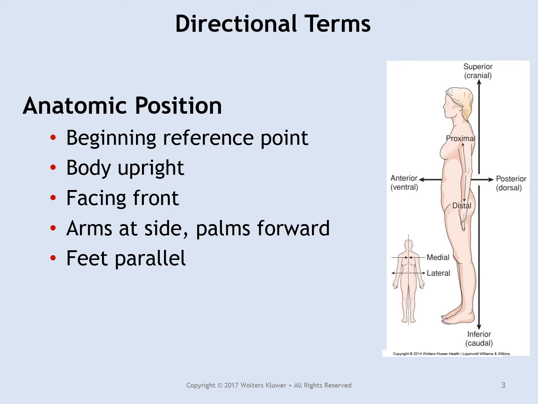If you rotate to be facing straight on, you have the sagittal line going down the middle of the body. As things get closer to the sagittal line, they are medial, and as they move outward, they are lateral.